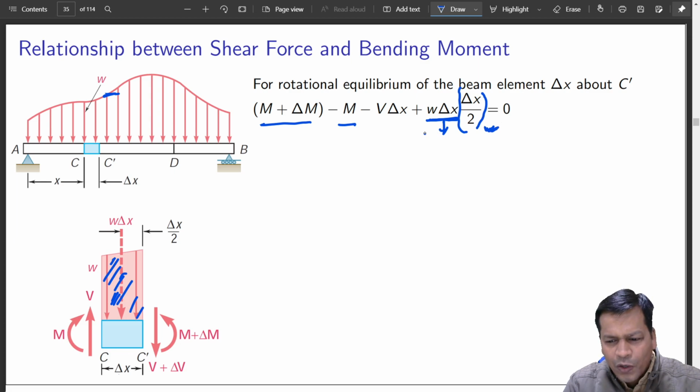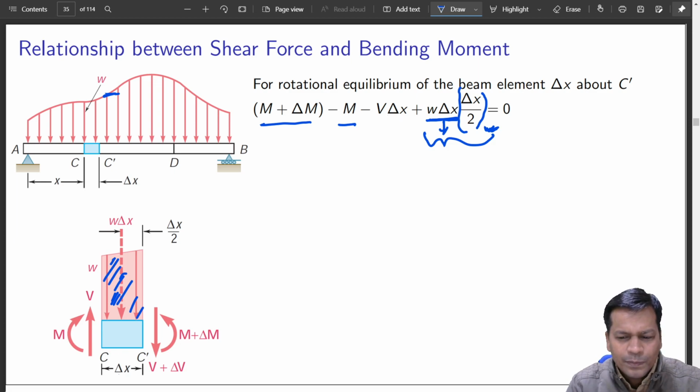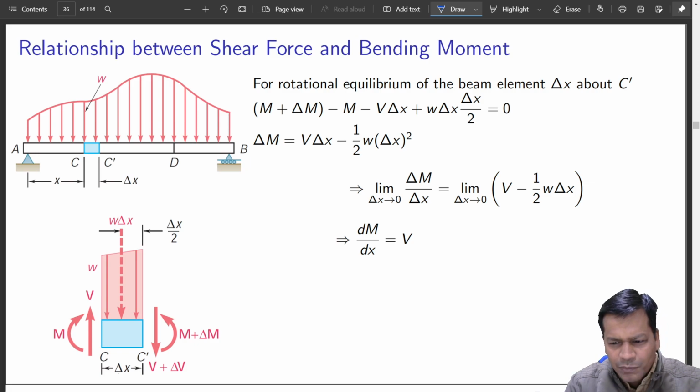So the moment caused is this much, and the moment caused due to the variation in load is V times delta x, V minus V plus delta V. So it is exactly this much. So V delta x is the moment caused, and without putting too much in this, you can directly write something like this.